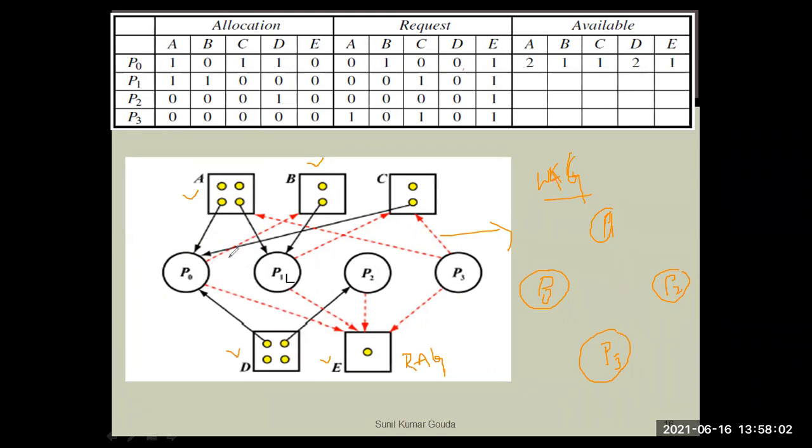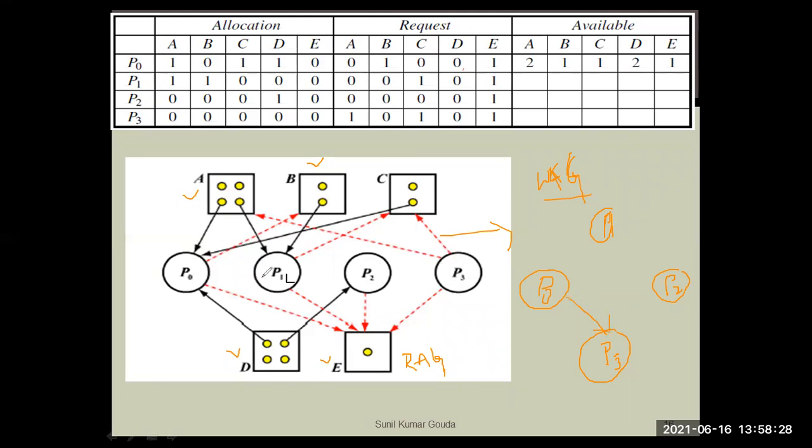Now for P1, how many instances are there? Two instances are there. One instance is available, so I can allocate. So no dependency. Now E: if it's requesting E, there is only one instance, and who is allocating this one? P3 is allocating. So there is an edge from P0 to P3.